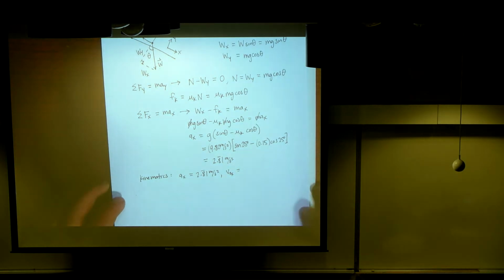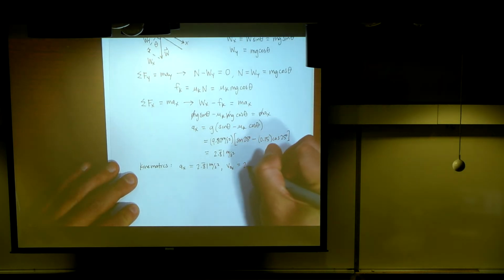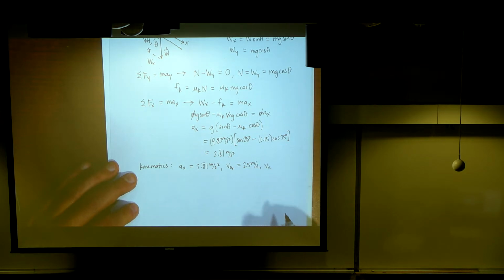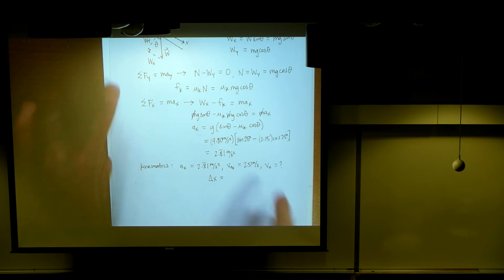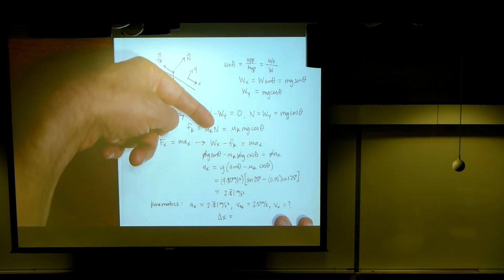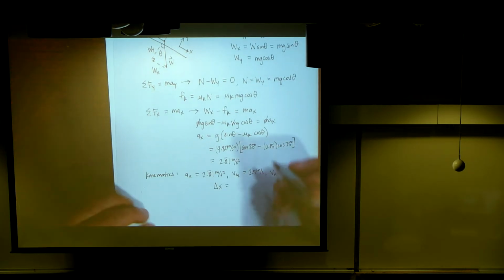That was 2.5. The final velocity, which in our equations we just write as vx, is unknown. That's what we'd like to know. And the distance down the ramp, which you might call delta x because it's how far you've been displaced in the x direction from the top to the bottom, is just how long the ramp is. That was 25 meters.